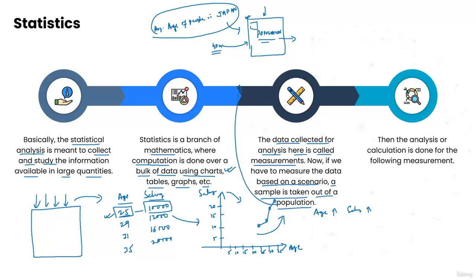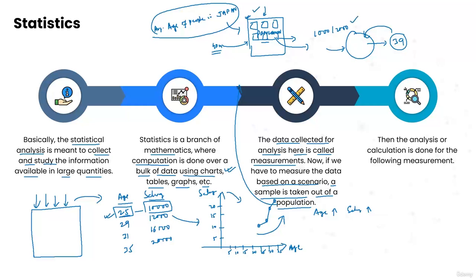What if I go to different locations, I talk to different kinds of people, and I take a small chunk, maybe 1,000 or 2,000 people, and then I ask each one of them what is their age, and then take an average out of it, and just imagine the average age is 39. Now this is the average age of the sample, not of the population, right? So this is the difference between population and sample.